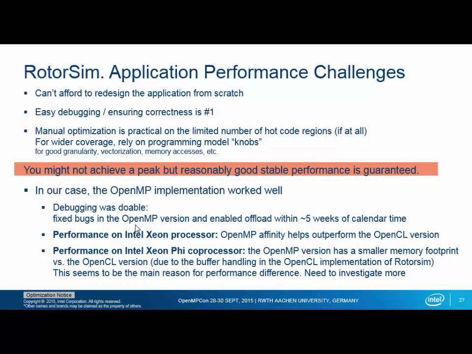One difference for Xeon is the affinity control provided by the OpenMP version, and it's good. And for some implementation reasons, OpenMP versions have a smaller memory footprint. We analyzed the OpenCL versions a bit and found that they also have some capabilities for improvement.